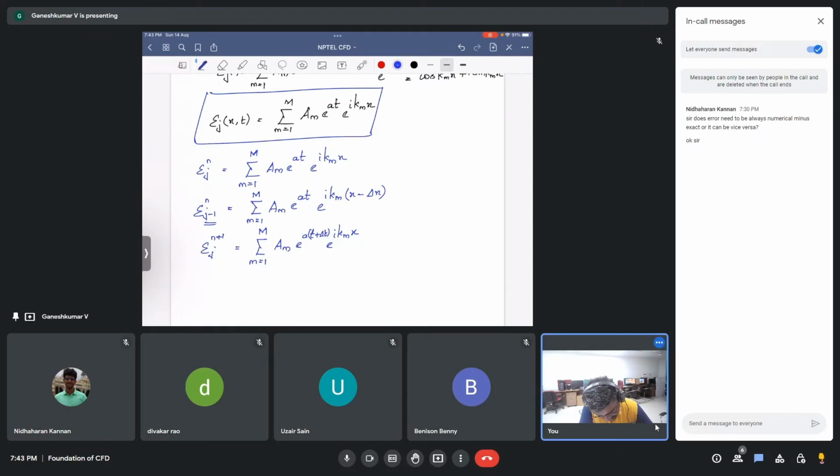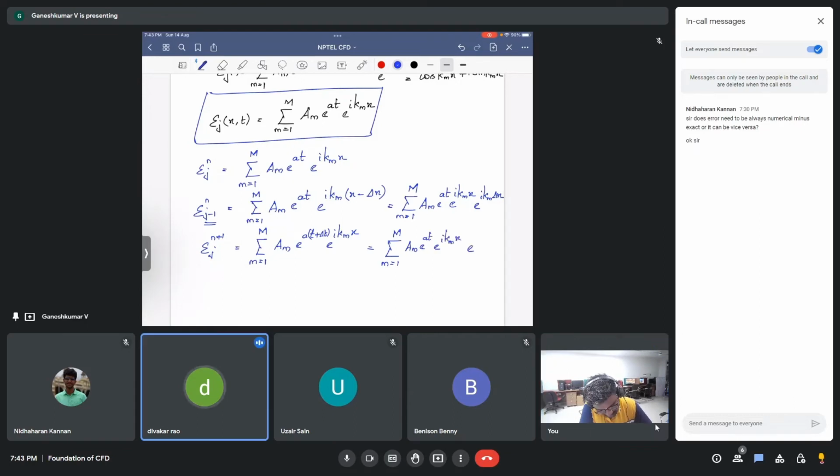So we can rewrite this as the summation m equal to 1 to M of a_m e power at e power I k_m x, and then e power I k_m delta x. Similarly, if we rewrite the other one, e power at e power I k_m x e power a delta t.